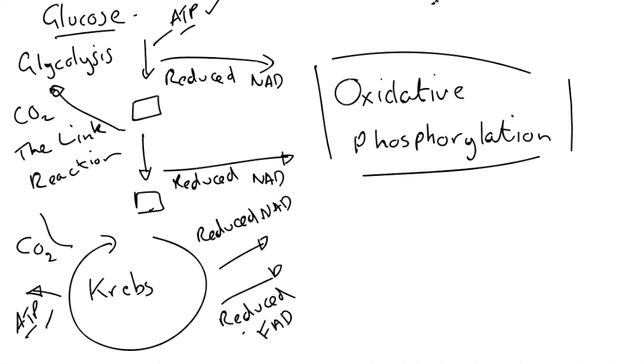Along with them, oxygen goes in, and what comes out is a lot of ATP. These things, these NAD and FAD, allow processes to take place which produce loads of ATP. Oxidative phosphorylation also produces some water.